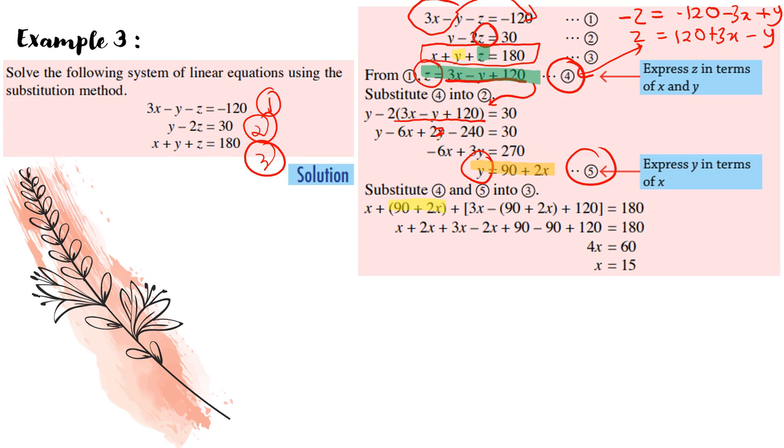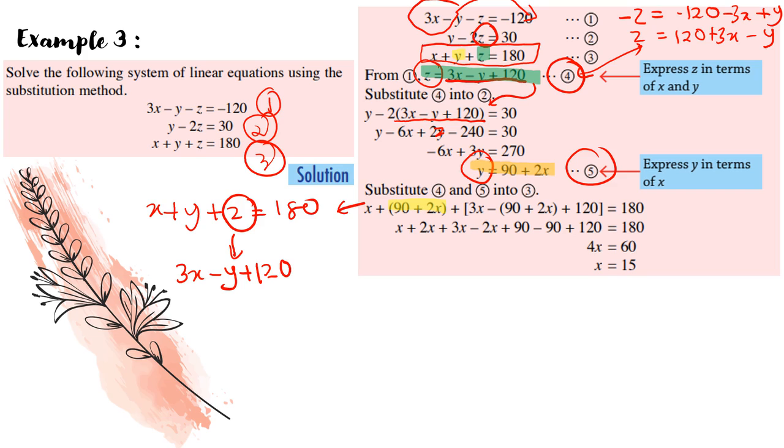Okay, but since here, if you see z, we have y here, so I don't want to write this y. So this one is actually x plus y plus z is equal to 180. Here z is actually 3x minus y plus 120.